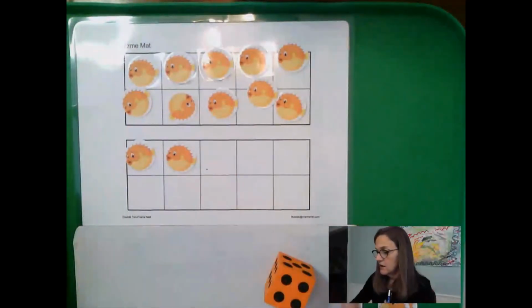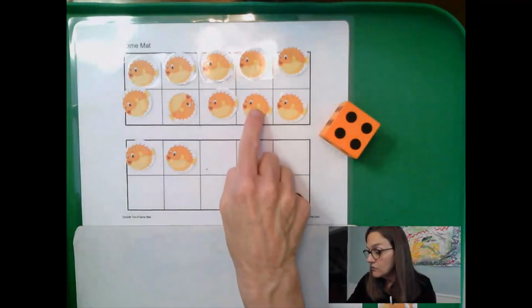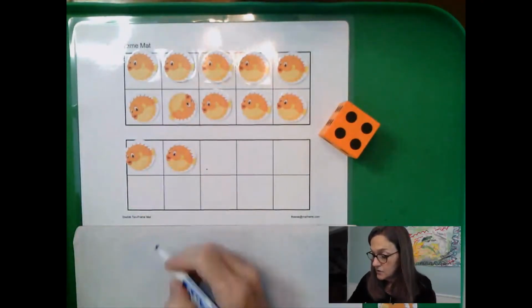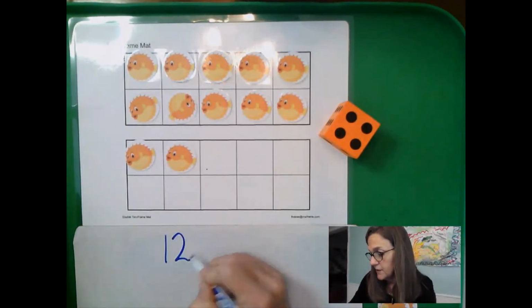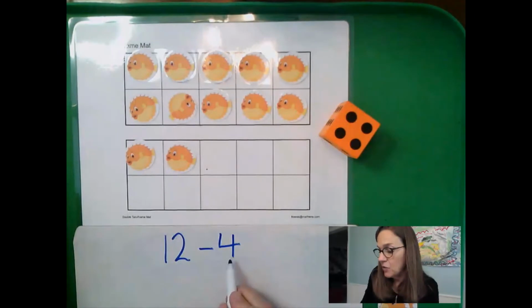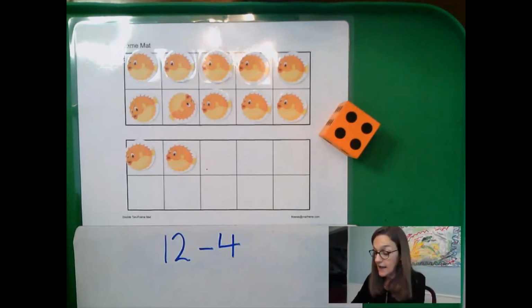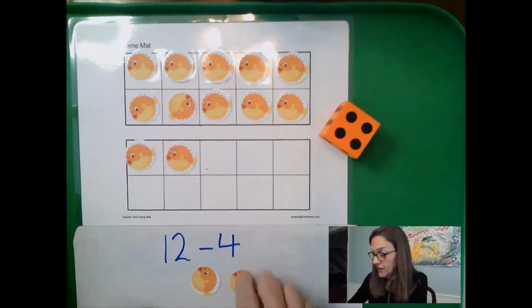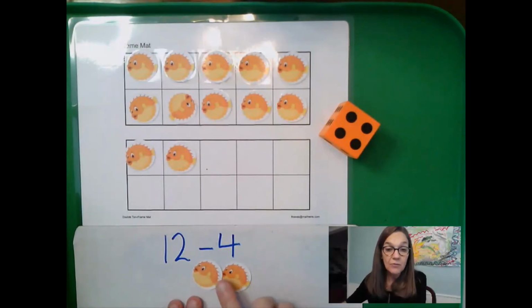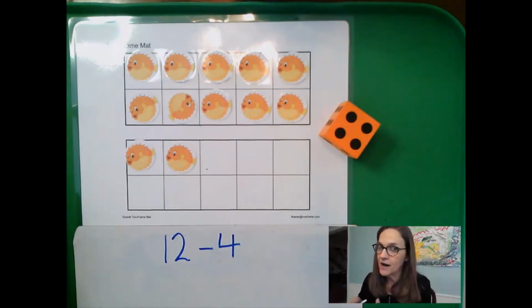Stop giving me that number. Okay, we have 12 puffer fish, and I need to take away 4. We know that we can't take 4 away from 2. If you only have 2 of something, you can't take 4 away from 2 because there aren't 4. That doesn't work for us right now, okay? So we can't work that one like that.